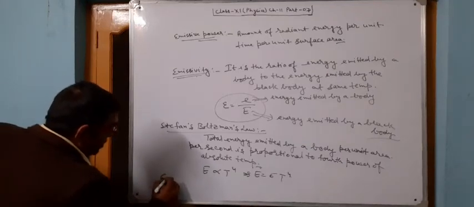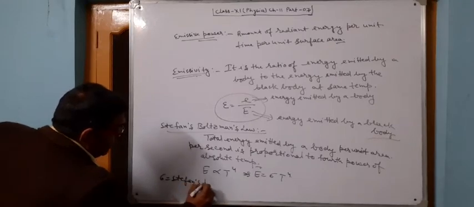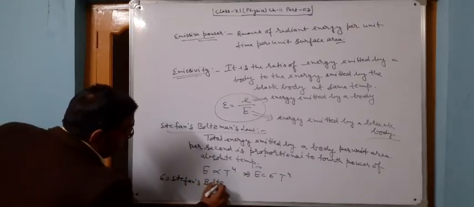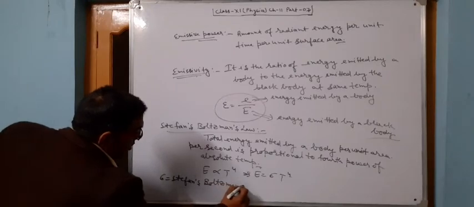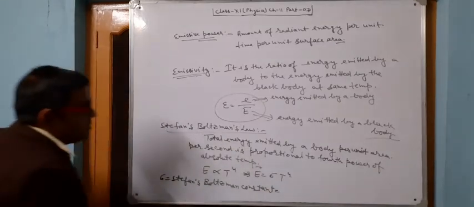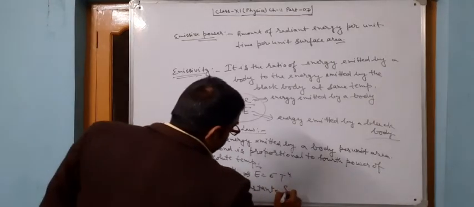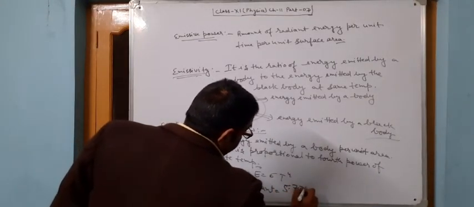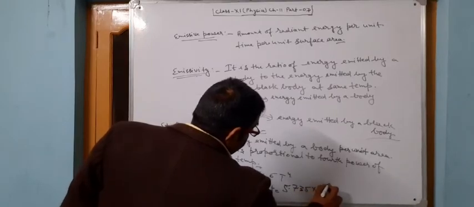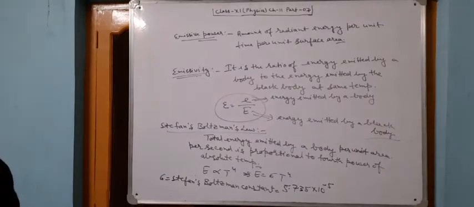Sigma is equal to Stefan-Boltzmann constant, and its value is equal to 5.735 into 10 to the power minus 5 watt per meter square per Kelvin to the power 4.